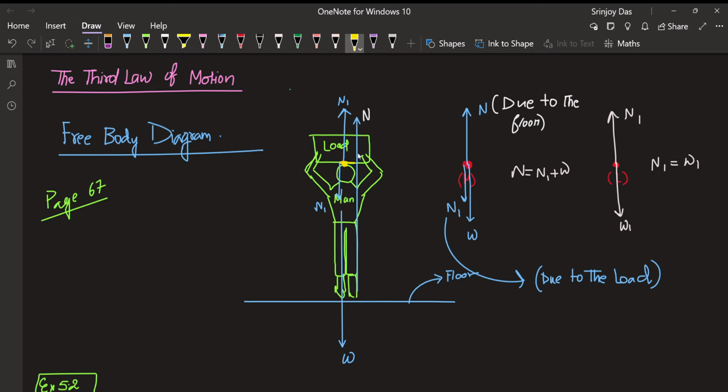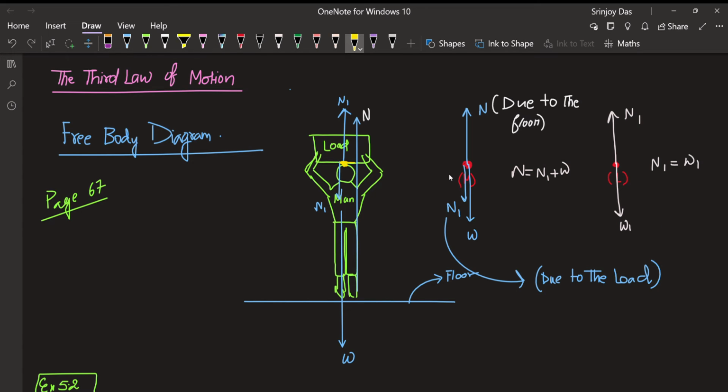This N1 means the head is giving back a normal force, same normal force. That's why you can balance it on the head, because it is in equilibrium. So N1 and the weight of the load acting downwards, considering a mass m, is mg.